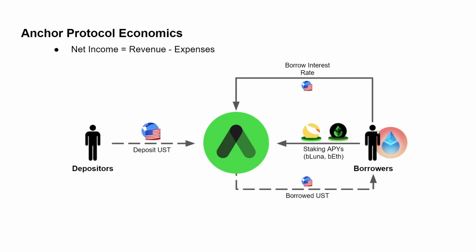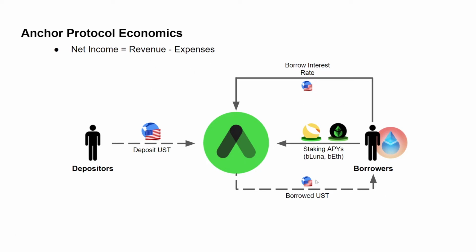Okay, so what do the borrowers get in return for depositing their collateral onto Anchor? They get to borrow UST. And the borrowed UST comes directly from the deposit UST from depositors. I just noted these as dotted lines because they don't really get into the net income equation. This borrowed UST doesn't really get into any of these terms.